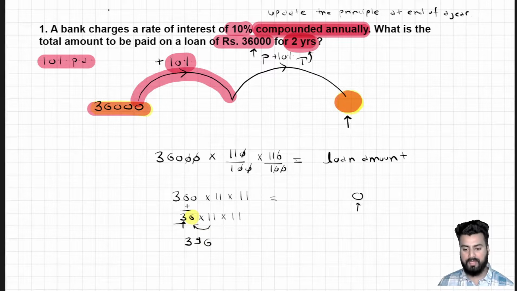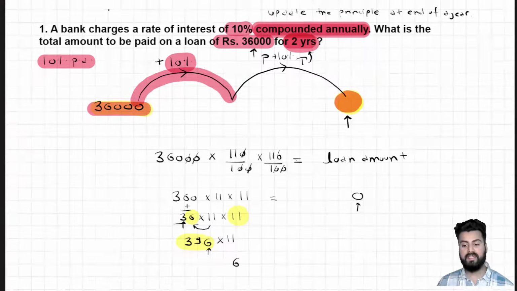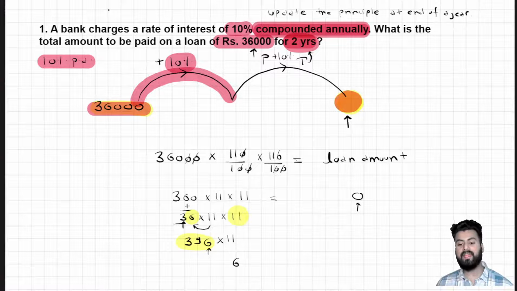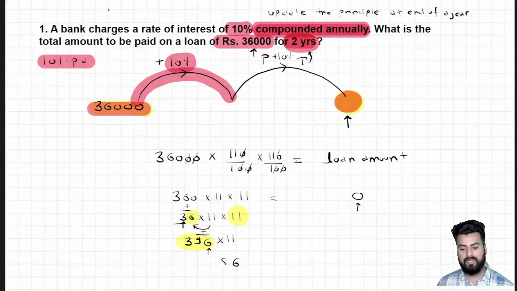Again, we have to multiply this number 396 with 11. So let's see how this rule works. The first step will start with the unit digit. So write down 6 as it is. And then I'll start making pairs of two digits as much as we can. Make a pair of two digits and add the values. 9 plus 6 is 15.